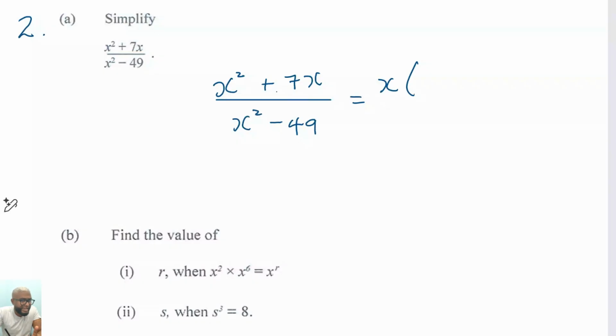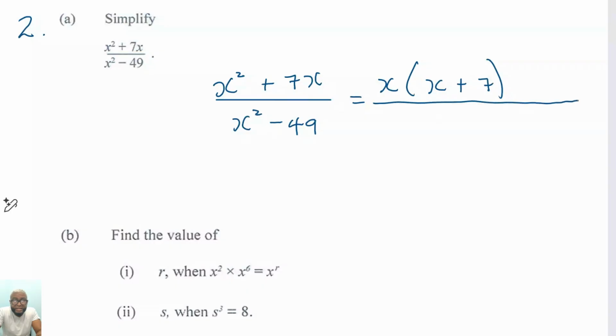We're on part A. Right? So x is what we're factorizing out. Right. And in the bracket, x into x squared would give me x, and then x into 7x would give me 7. So that's how we factorize the numerator.